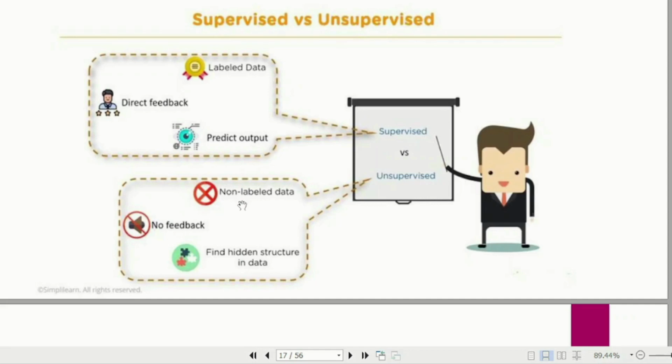It has to recognize, for example, a number of kids or a number of dogs. It has to label and recognize them by different parameters, shapes, and features. It has no feedback and finds hidden structure in the data. According to the data and the structure, it has to recognize and give the output.